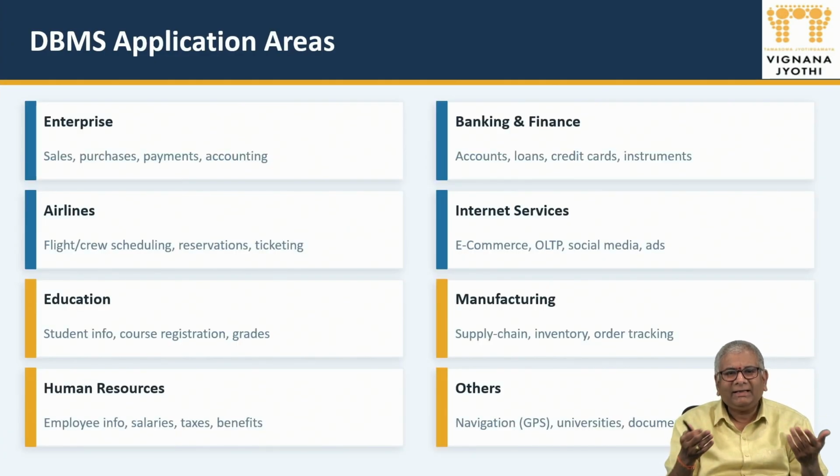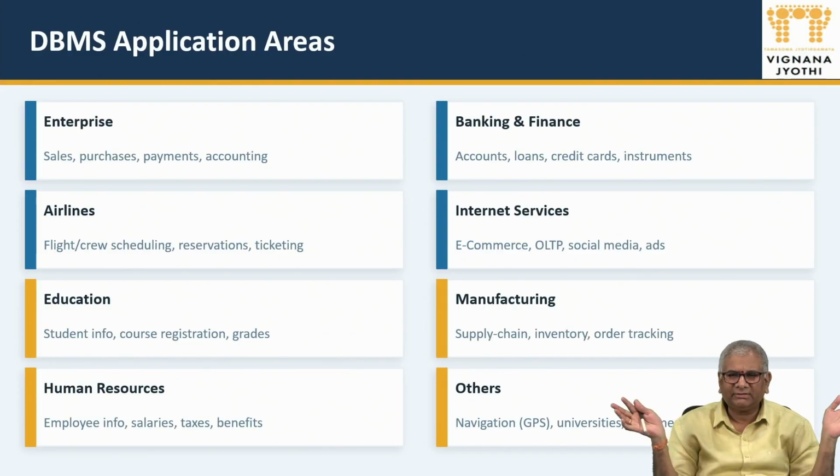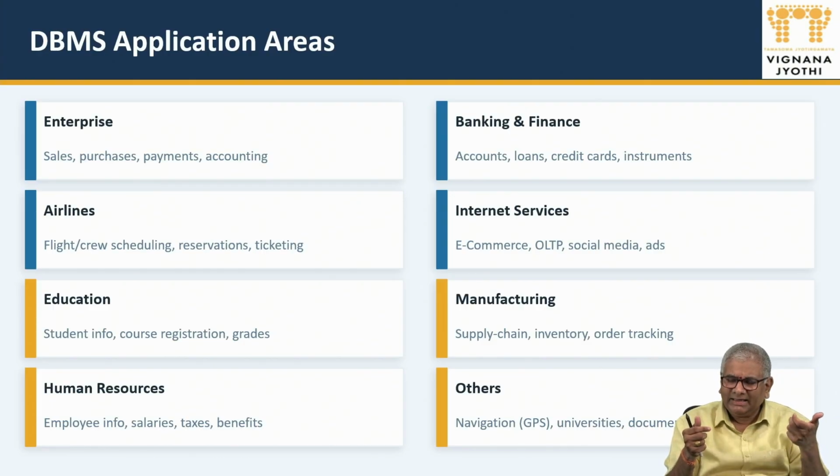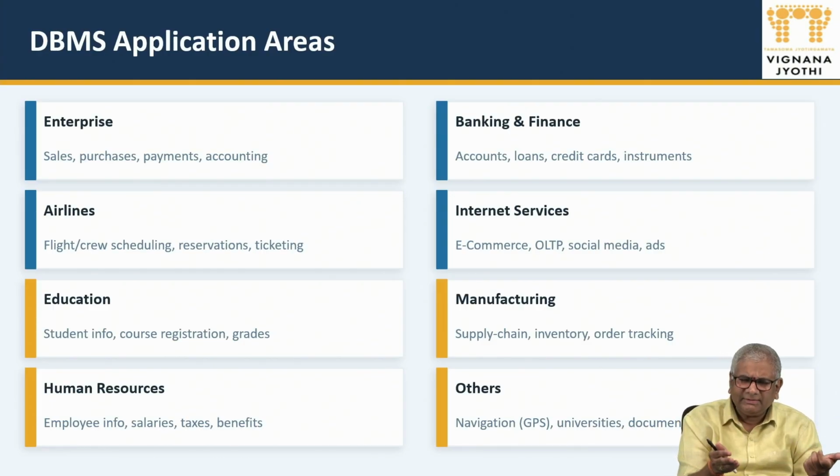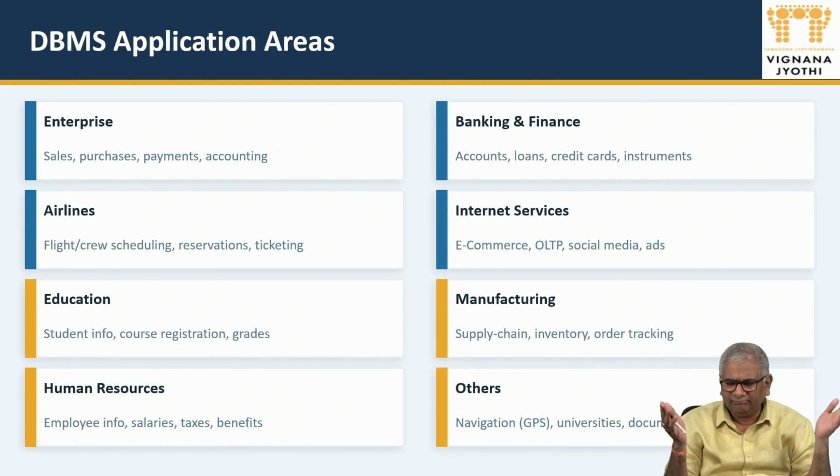Now, what are the application areas of DBMS? In fact, when you look at DBMS application areas, I just mentioned a few of them, they are enormous. Everywhere you need a DBMS because, as I said, for any business application, commercial, not only business, even scientific, data is very, very important. As every system has data, DBMS can be used in all those places.